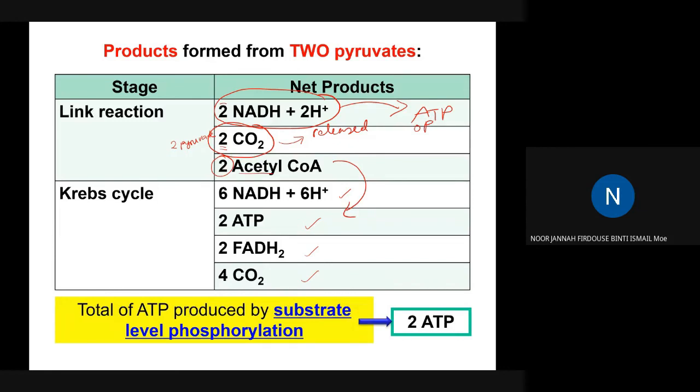The total ATP produced by substrate level phosphorylation melalui Krebs cycle saja. Link reaction tak ada substrate level phosphorylation. Jadi Krebs cycle produce 2 ATP through substrate level phosphorylation. Sekarang ni bila kita belajar, kita dah ada 4 ATP yang dihasilkan melalui fosforilasi peringkat substrat.